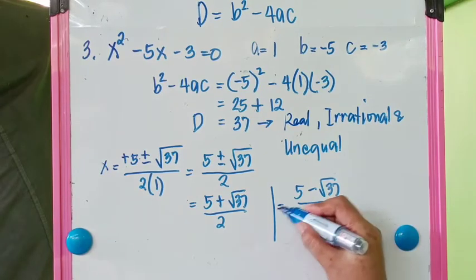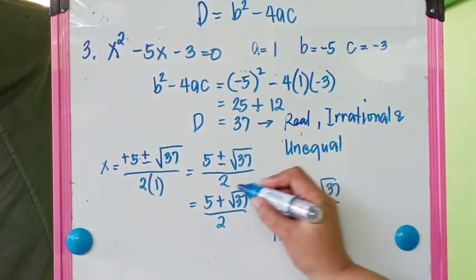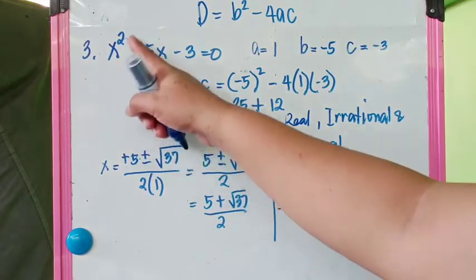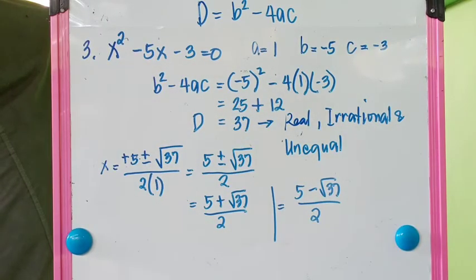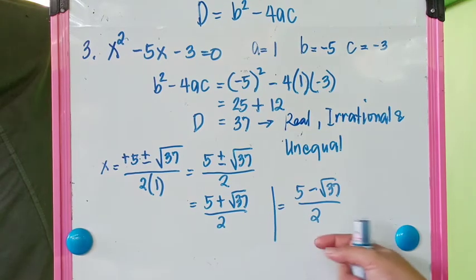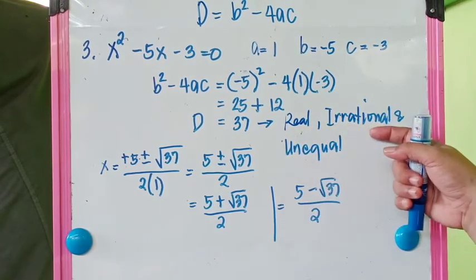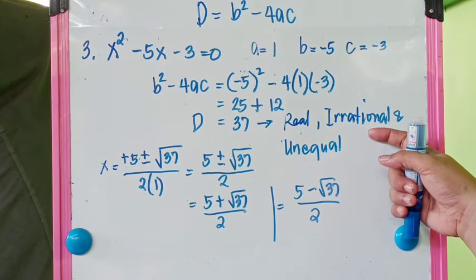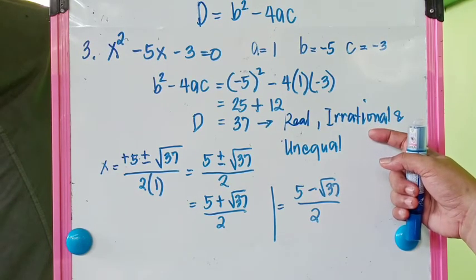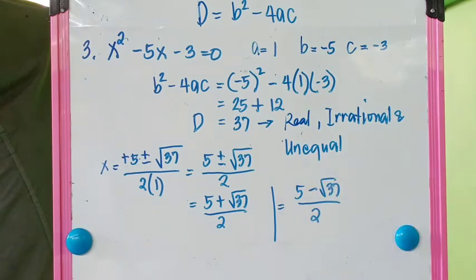So these two are the roots of the equation x squared minus 5x minus 3 equal to 0. These two are real numbers, but they are not rational. So these are irrational numbers, and they are unequal.